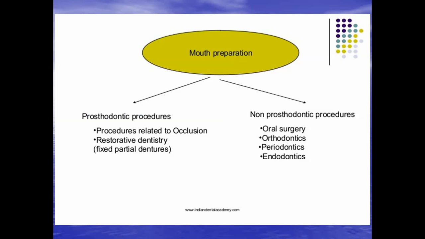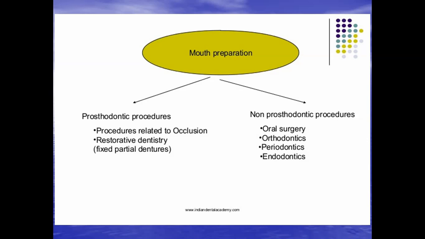Okay. In other classification, we can talk about mouth preparation in prosthodontic procedures and non-prosthodontic procedures. This is to describe who is doing this. Sometimes a general dentist is doing all kinds of dental treatment by himself or herself.